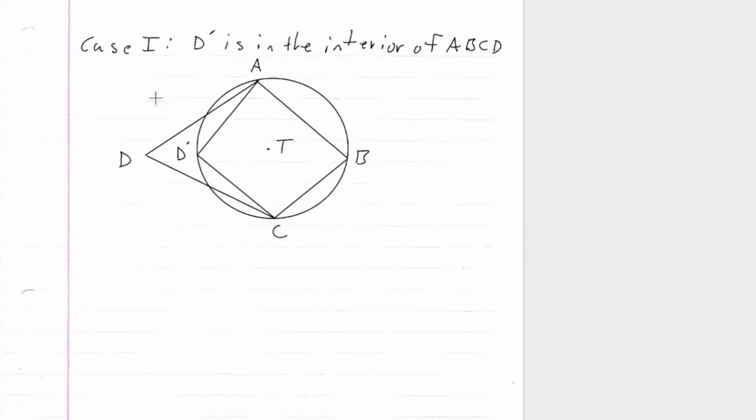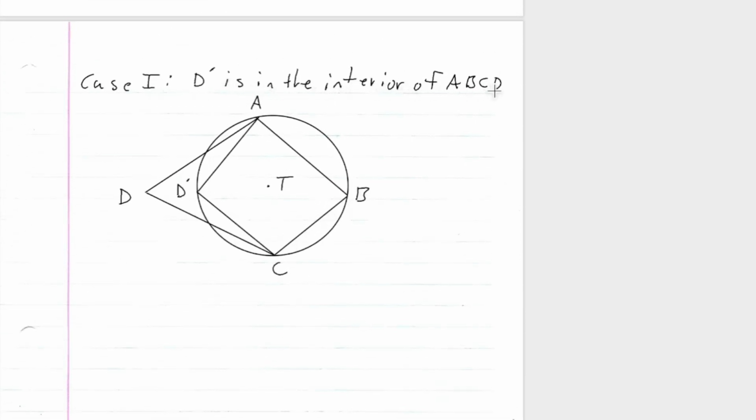So the first case is D prime is in the interior of ABCD. So this implies that the measure of angle BAD is bigger than the measure of angle BAD prime, right? Since D prime is in the interior, we can clearly see that this angle BAD is going to be bigger than this angle BAD prime.